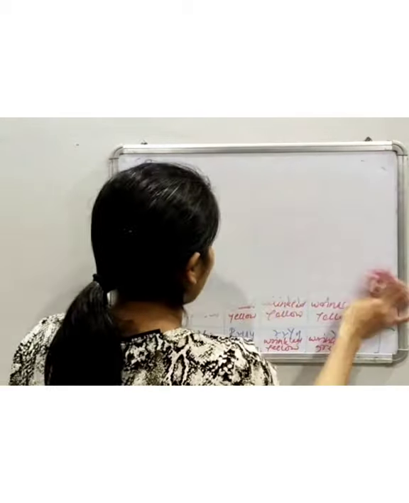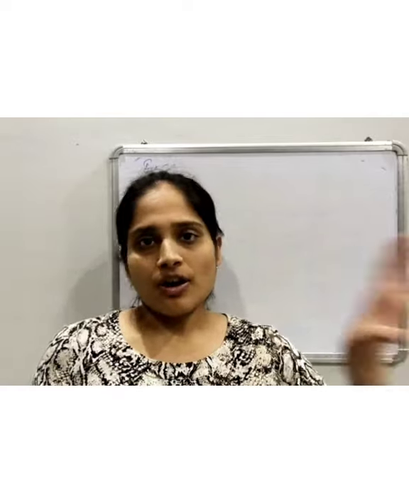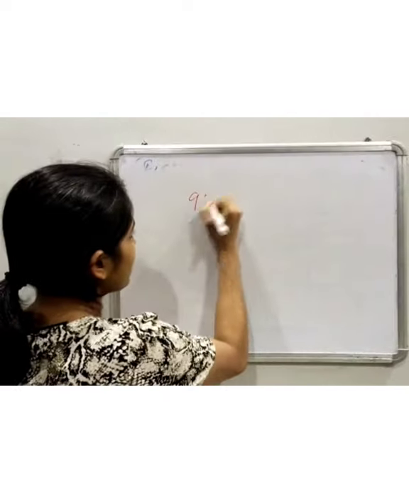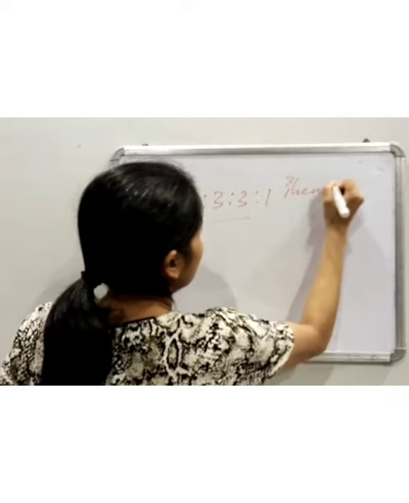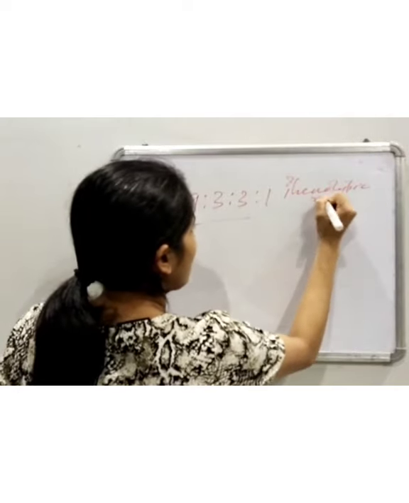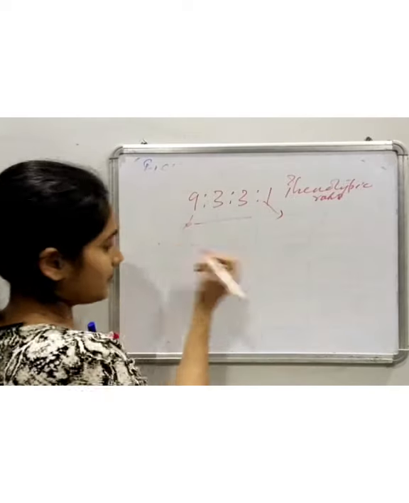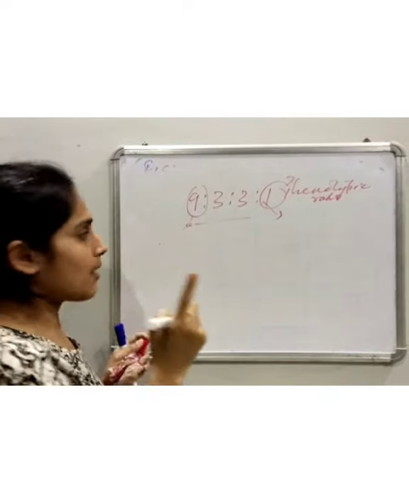So you need to remember, then he checked the inheritance pattern of the other 7 pairs which he selected for his studies, and every time the phenotypic ratio was 9:3:3:1. So this is the phenotypic ratio, out of which this and this one are the numbers where the parental phenotype was obtained.